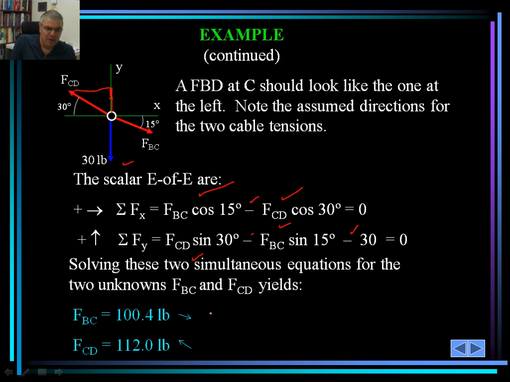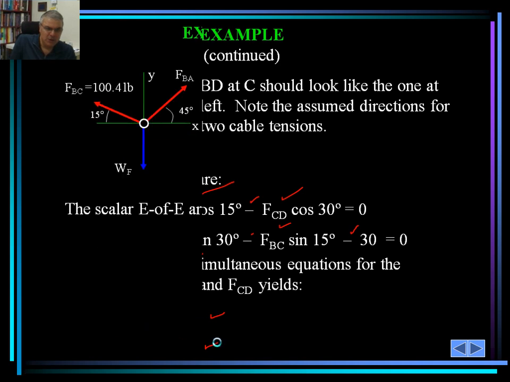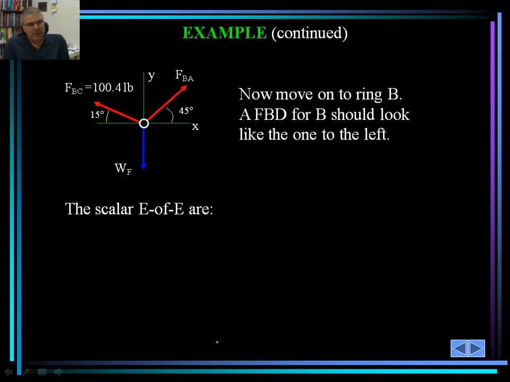So F sub BC would be 100.4 pounds, and F sub CD would be 112 pounds. Knowing these, now we're going to go back to point B, the ring at B. We set the free body diagram as such.